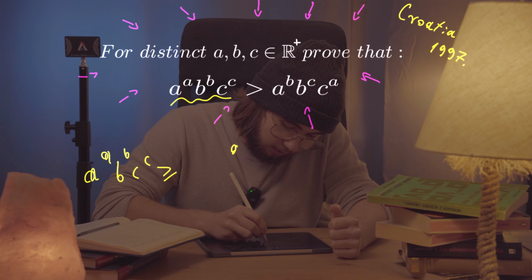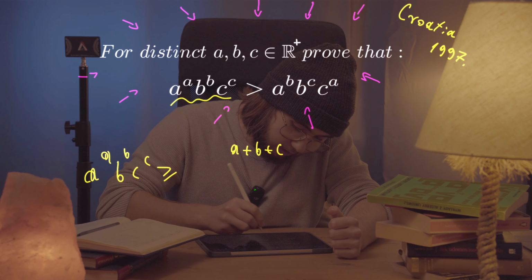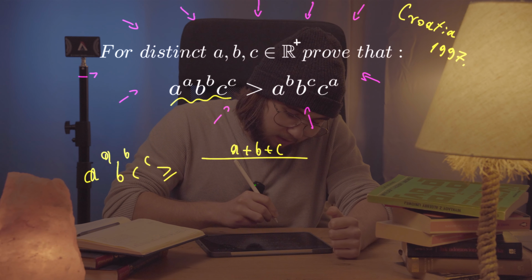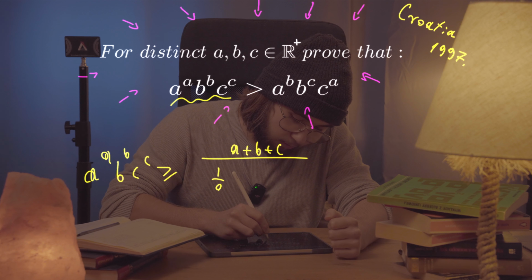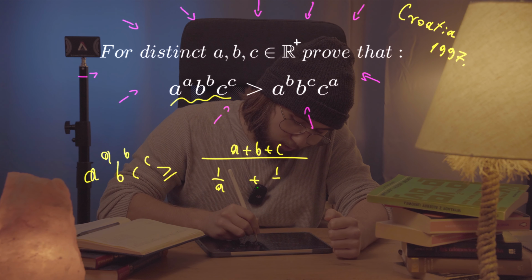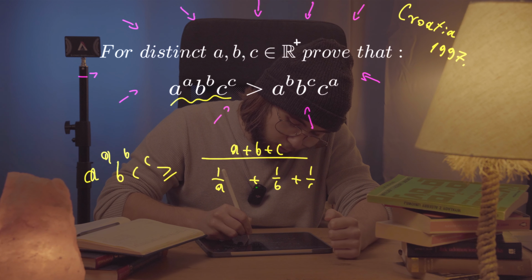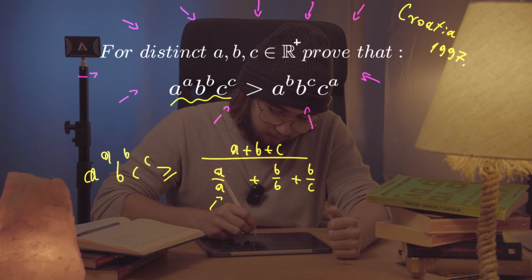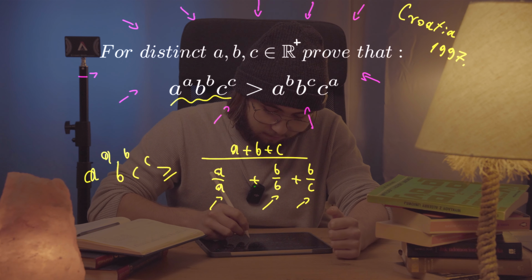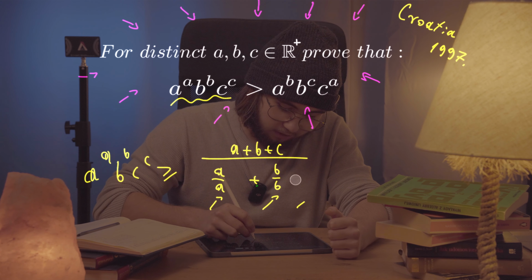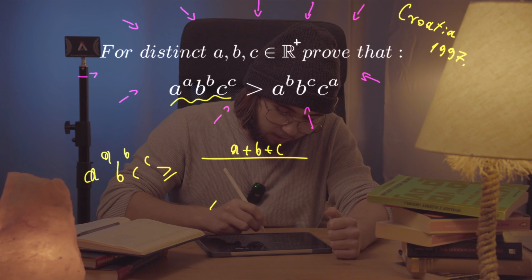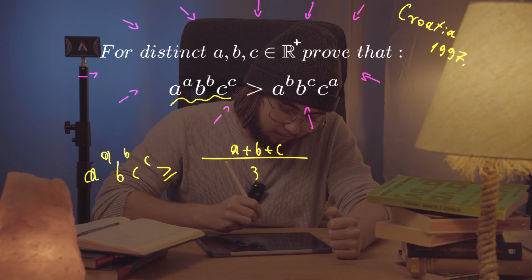That would just be a plus b plus c all over the reciprocals, where each reciprocal is multiplied by the weight it is assigned to. So that would be a over a plus b over b plus c over c, which is just 1 plus 1 plus 1, which is going to be 3.